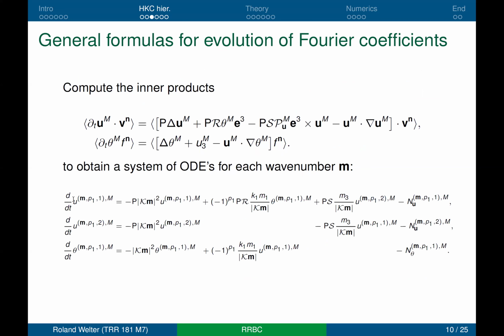We can do this explicitly, and all of the linear terms are quite easy to compute. Here we've got our viscosity terms, a buoyancy coupling between the velocity and temperature, and the Coriolis force.